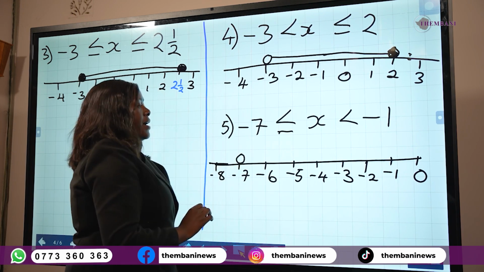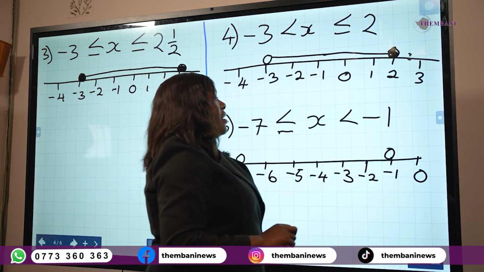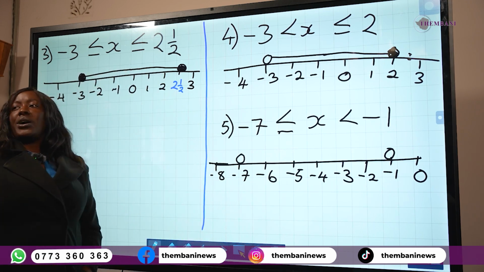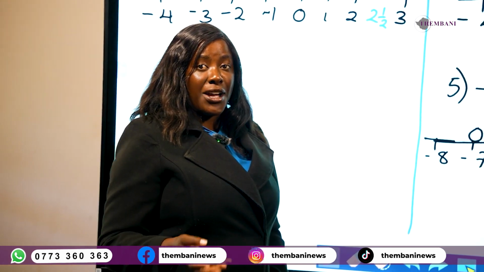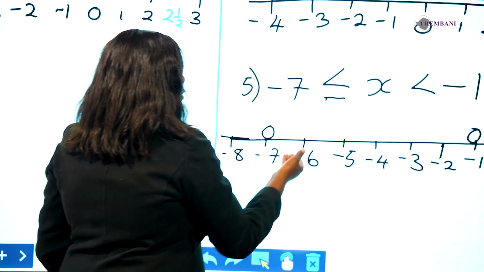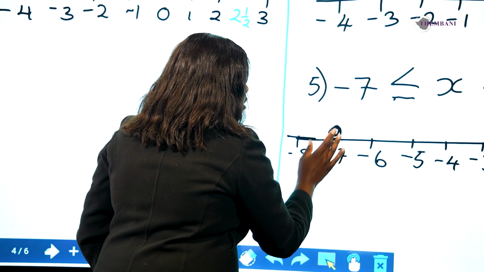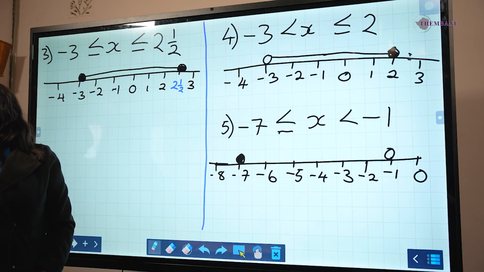I'm putting here my small circle, and -1. I'm also going to put there my small circle. Where do I shade? I hope you're going to get it correct. I'm shading where there is an or equal to. An or equal to is here on the focus number, which is -7. So I'm going to shade here. Do I shade on -1? No, we do not shade on -1 because there's no or equal to.